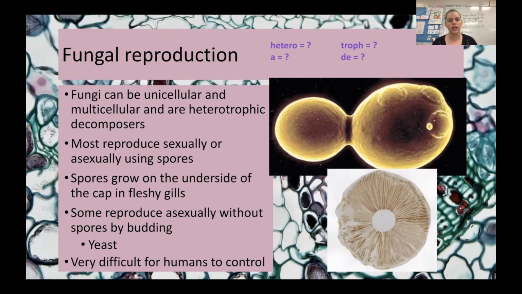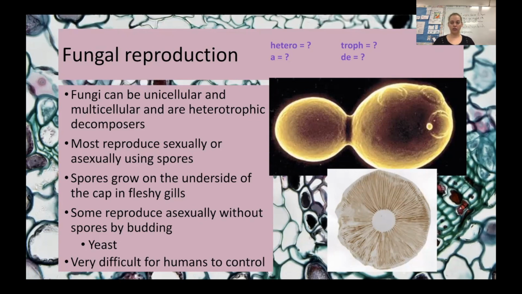But most fungi use sexual reproduction, and they grow a mushroom. Here you see the underside of one particular type of mushroom, and these are called gills, not like gills that fish breathe through, but fungus gills. This is where the spores will be kept. Remember how spores work? They are haploid, they are unicellular. Once they are released, they will go and grow somewhere by mitosis, and you will get a new fungus.